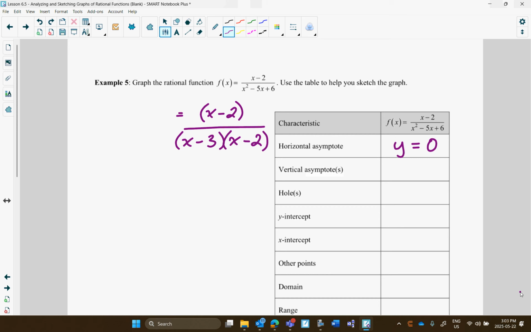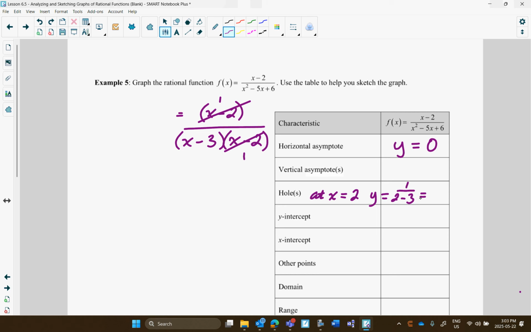There is a hole at the binomials I canceled out. So there is a hole at x equals 2. But I have to find the corresponding y value. When x is 2, isn't y equal to 1 over 2 minus 3? Because all I do is plug 2 in here and do 1 divide 2 minus 3.